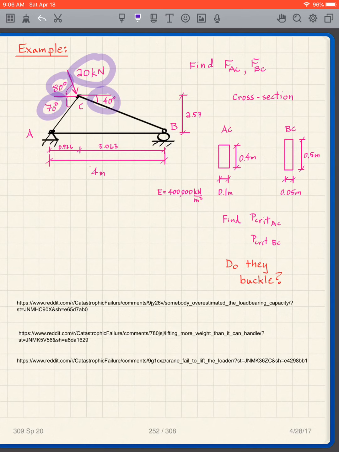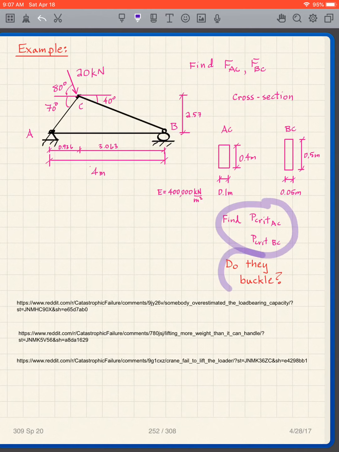I've given the load, and what you need to do is to first find the forces in member AC and member BC. Use the method that we have just done. The next step will be to find P critical for AC and P critical for BC and determine whether or not they buckle.